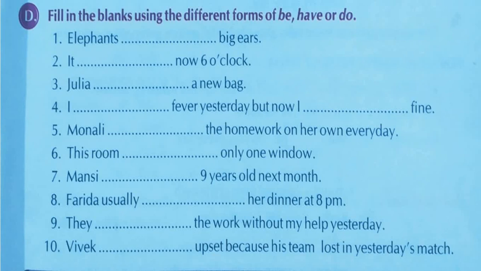So what will you write? Elephants have big ears. Number 2, it dash now 6 o'clock. So what will you write? It is, because it is now in the present form. It is now 6 o'clock.